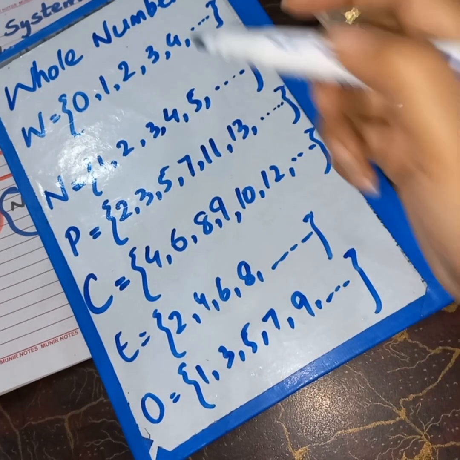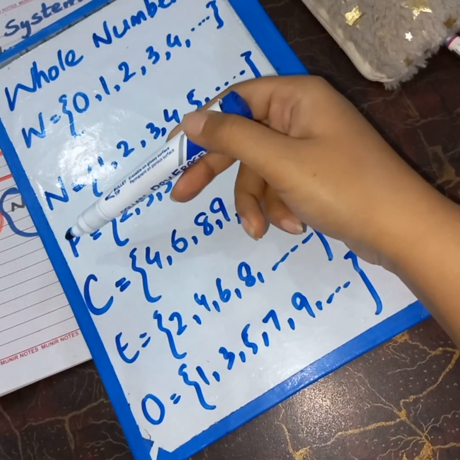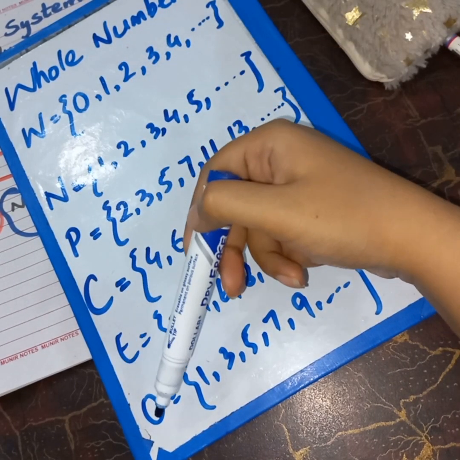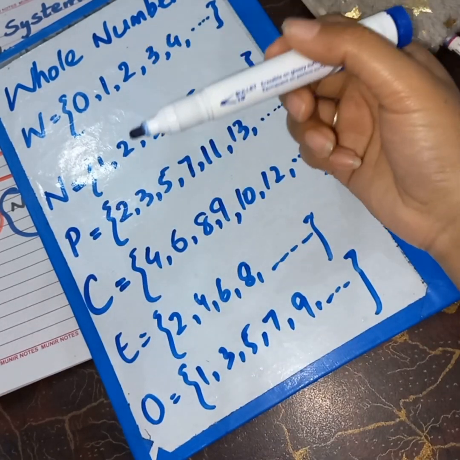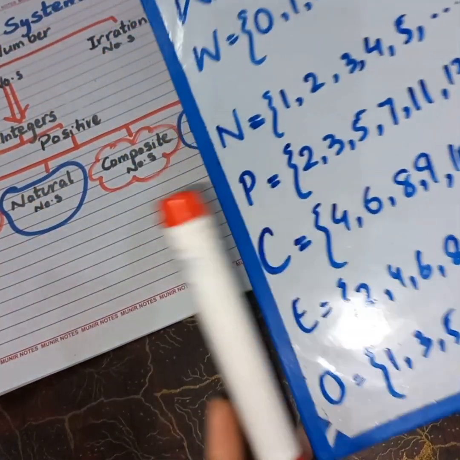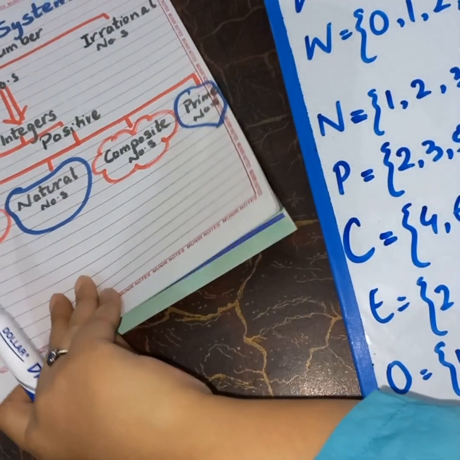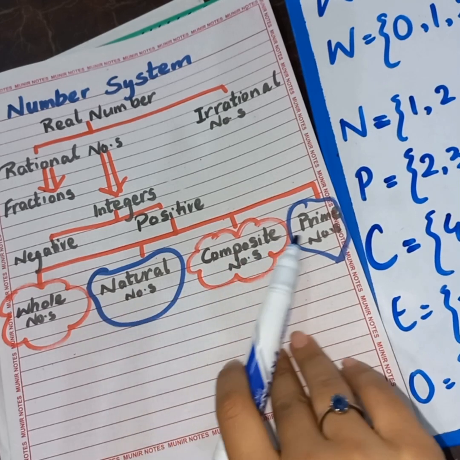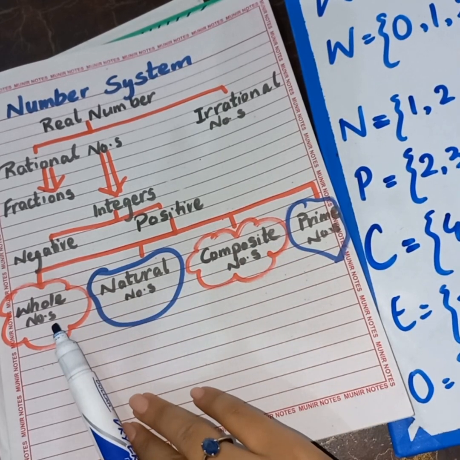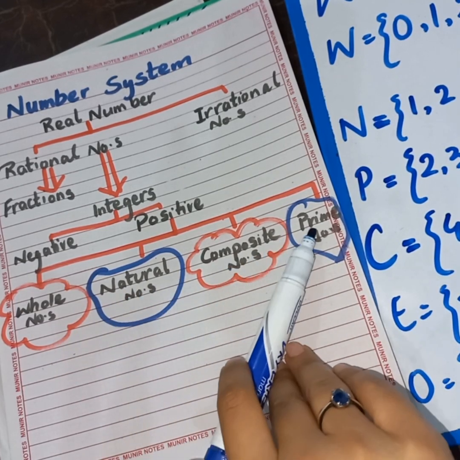We started from whole numbers, then we got natural, prime, composite, E for even, and O for odd. So according to this hierarchy, which I have shown you before, we have discussed positive integers, whole numbers, natural, composite, and prime numbers.